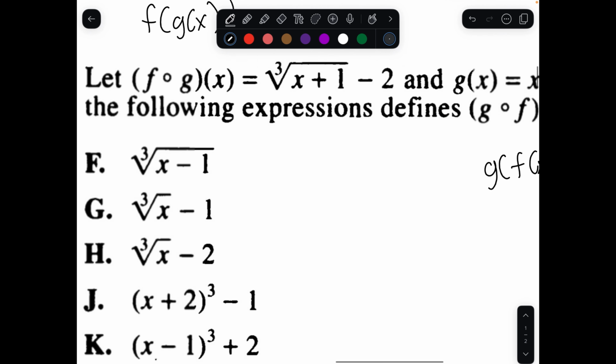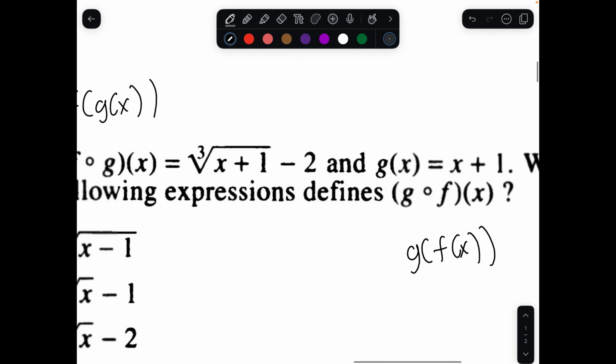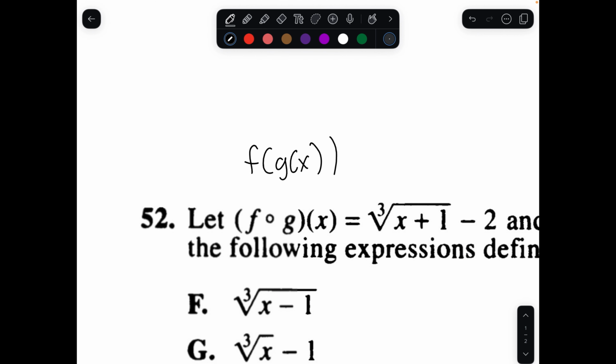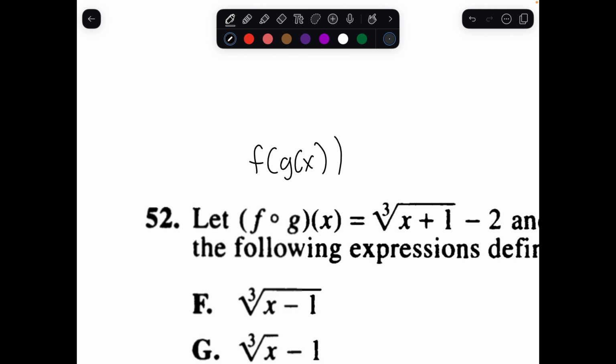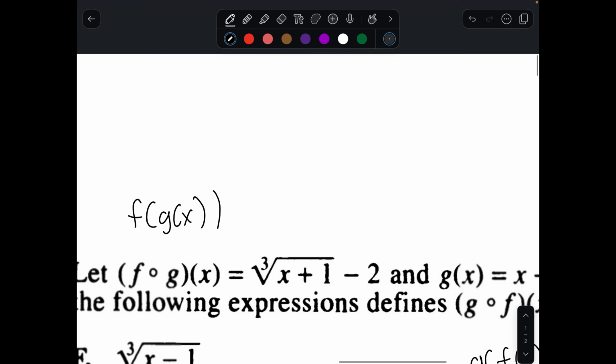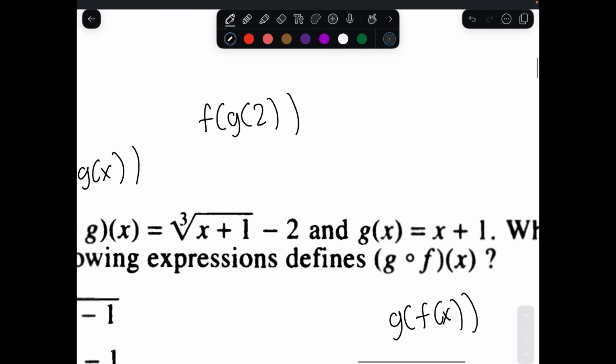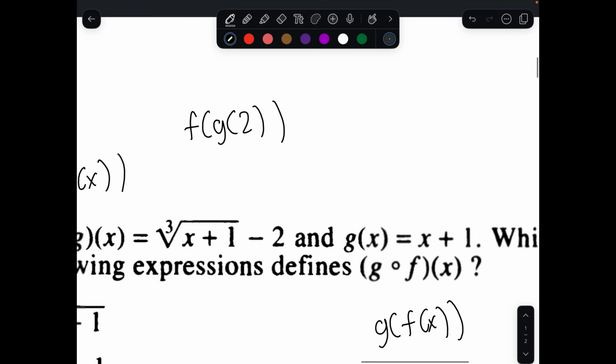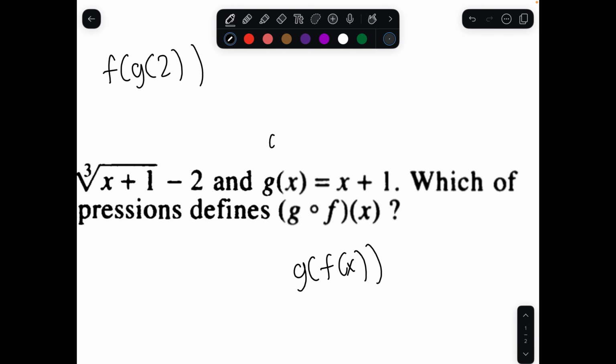Remember, I've said that for composite function questions, you start from the inside and make your way towards the outside, right? So normally when it's like a number, like f of g of 2, right? You plug in 2 into g of x, and then you would get 2 plus 1, you would get 3.